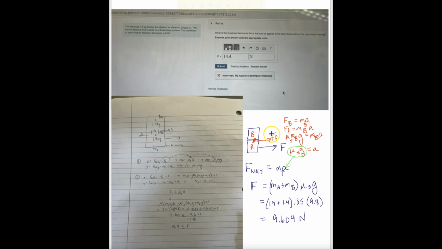Well, the force that's making it move, which is going to the right, is FF, so I wrote it first. There's nothing moving it to the left, and we're only worried about just B. We're not worried about A right now.